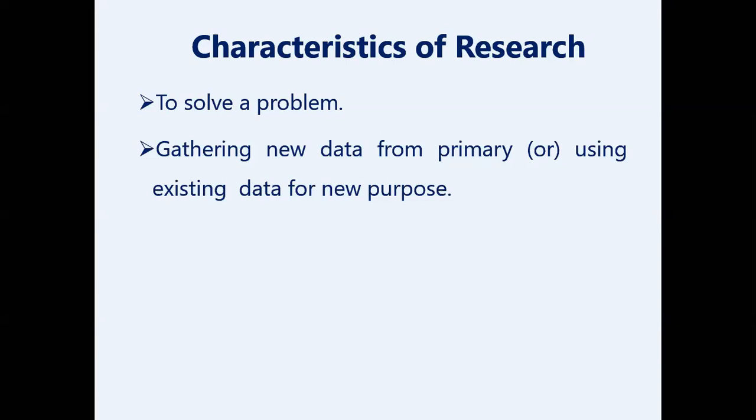Because if I am making a survey, then I will collect the primary data in the field, and by managing that field data, the survey data, or by making a comparative study, I am actually using that primary data.